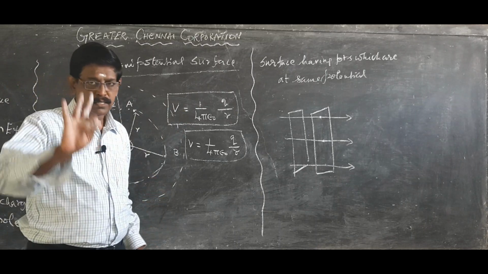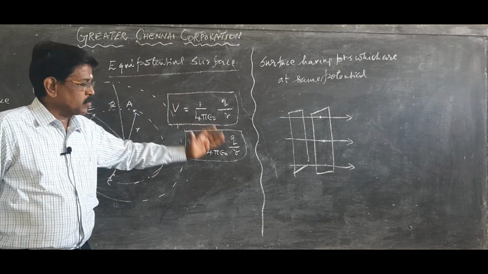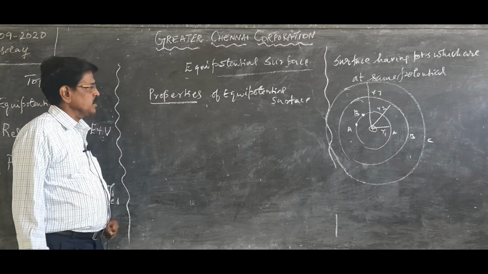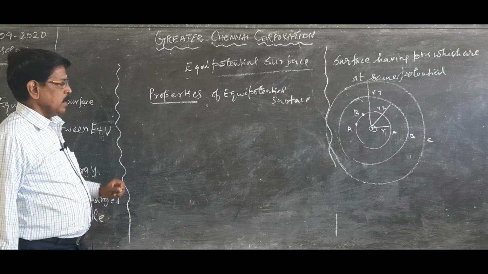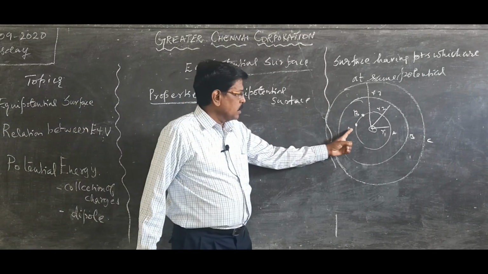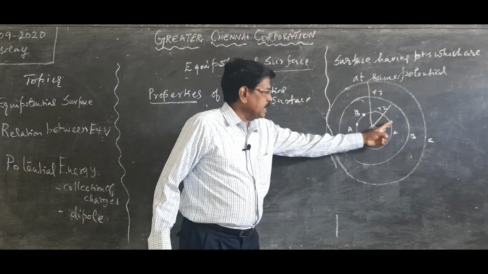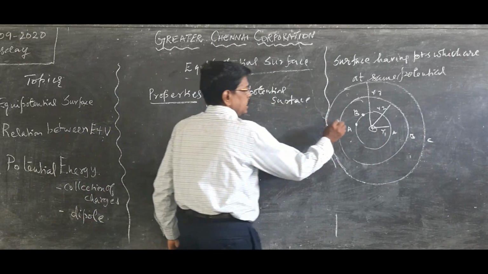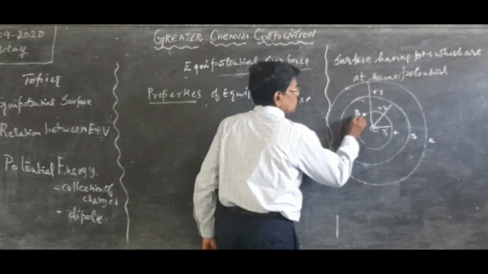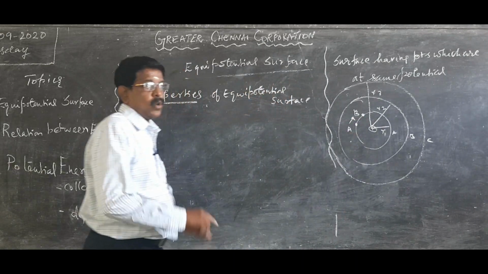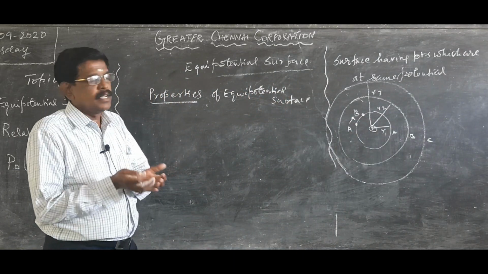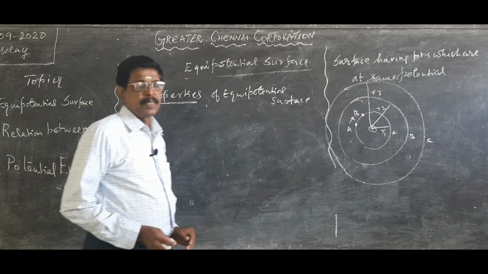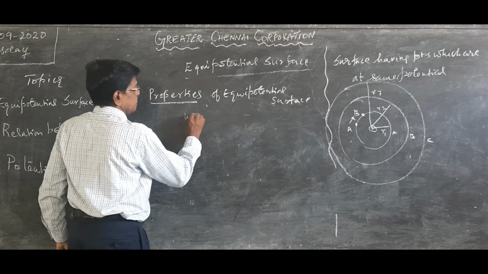Next, we will see the properties of equipotential surface. Now, let us assume the points A and B on a given equipotential surface. If a unit positive charge is moved from A to B along the equipotential surface, what is the work done?